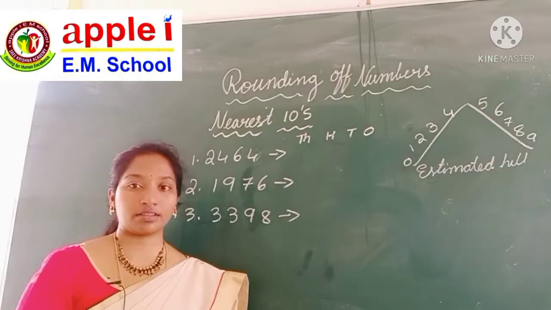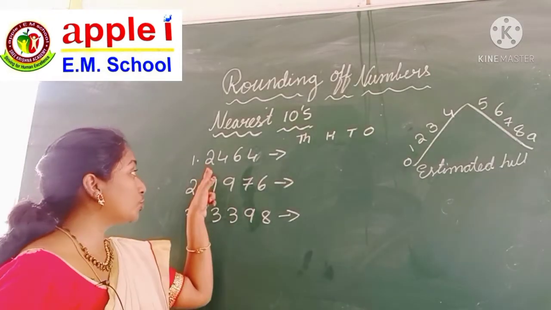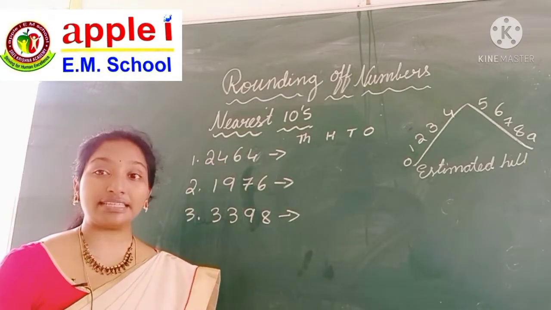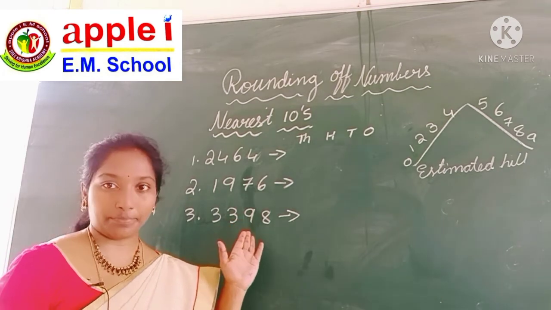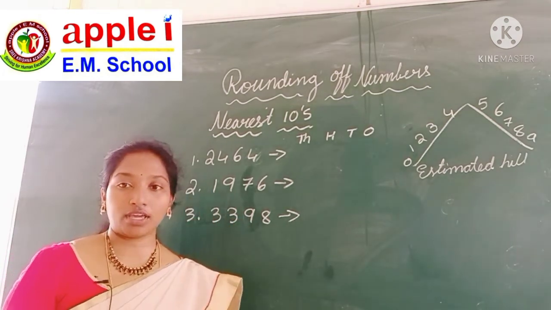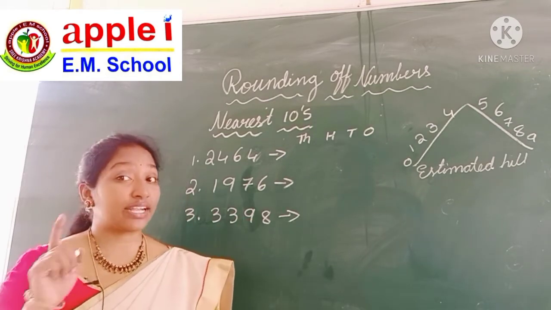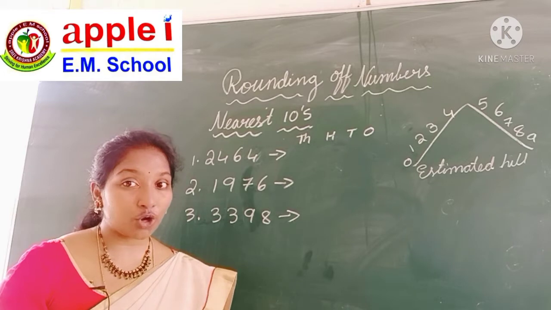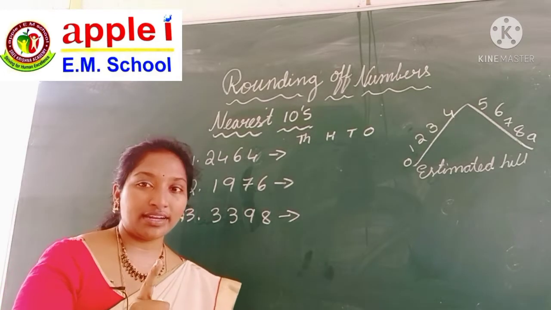Let us see the first example, 2464. We have to round off this number to the nearest 10. So 10 has how many zeros? Yes, 10 has one 0.